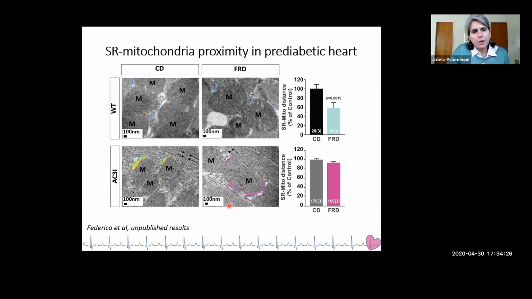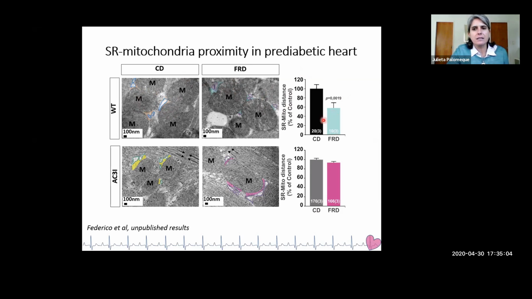So we rechecked the relation, the distance between the sarcoplasmic reticulum, here skeletonized in blue, with respect to mitochondria, and we can see here in orange the space between mitochondria and sarcoplasmic reticulum. And in wild-type mice, the diet richer in fructose decreases this space, or this distance, between the sarcoplasmic reticulum and the mitochondria.